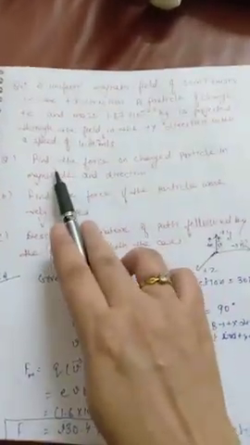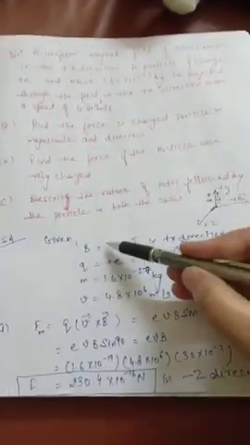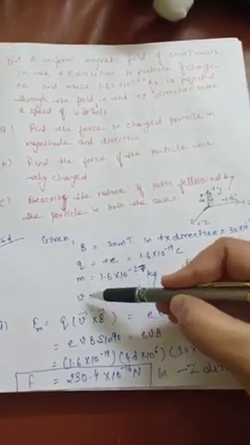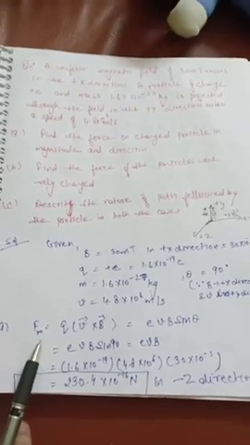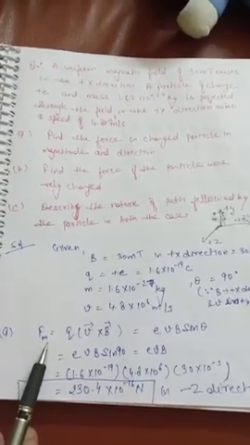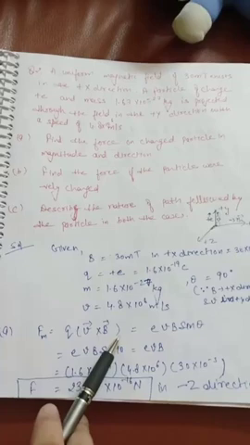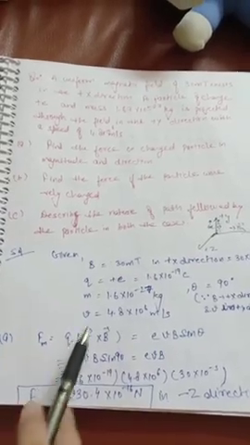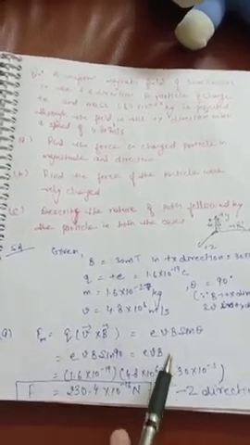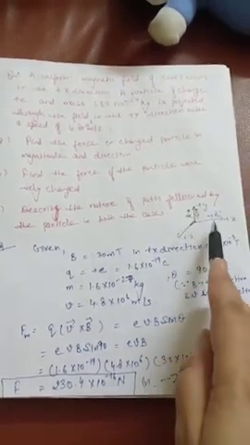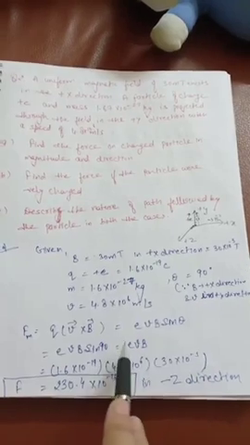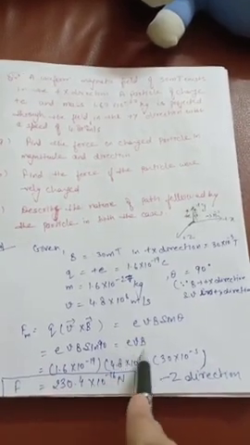So what do we have to find? We have to find the force on the charged particle in magnitude and direction. We have the magnetic field, we have q, we have velocity. So what is the formula of magnetic force? From the Lorentz force, you remember the magnetic force is q V cross B, where we put e in place of q: eVB sin theta. We already know the angle between V and B is 90 degrees, so sin 90 is 1, and we have only Fm equal to eVB.